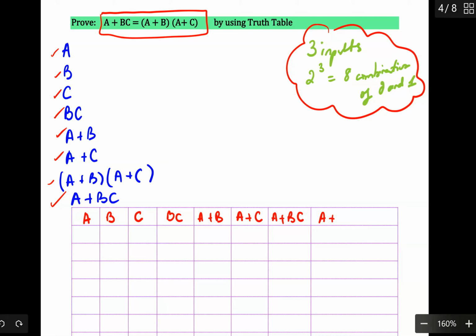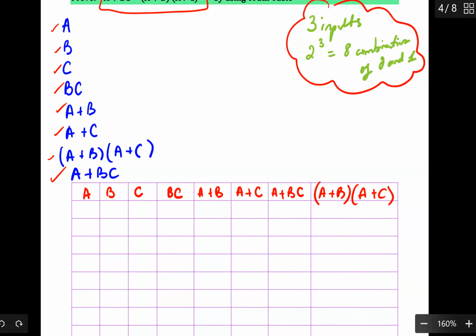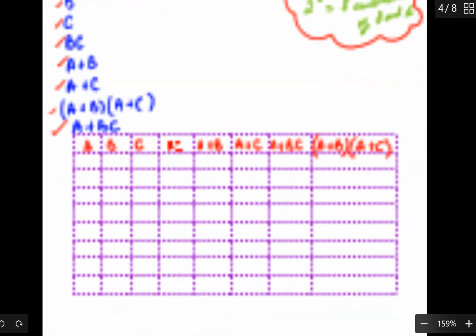And the last column, I should have A plus B, A plus C. Alright? Okay. Let's write BC here.